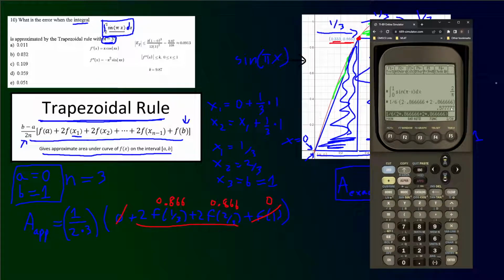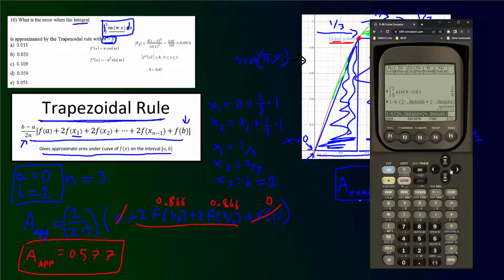So we get 0.577 etc. If we look at that number, that's the approximate area given the rule that we just used. So we can say A approximate, and the 7's just repeat.